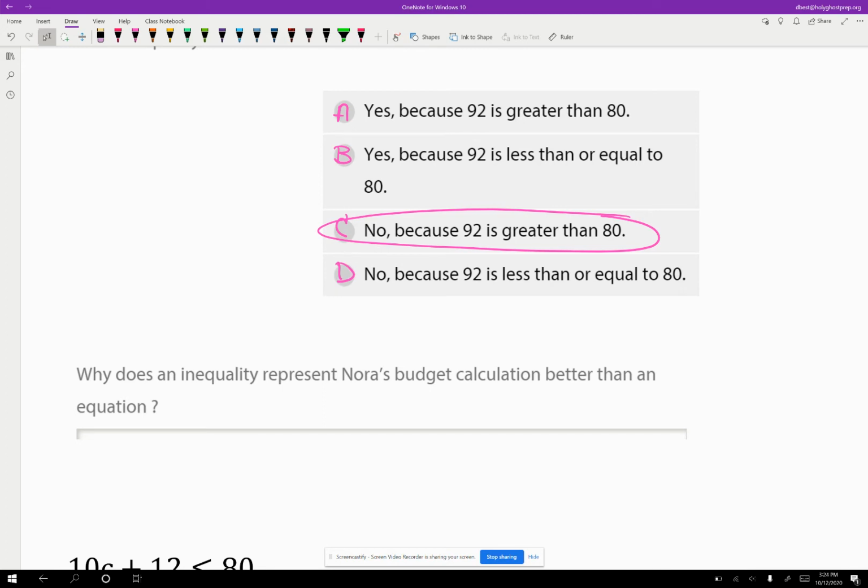An inequality would be better here because, as we saw, there's different prices for party favors, and she might not get it exactly equal to 80, but as long as she's spending less than that, she's still okay. If she finds a good sale, right, and she can spend just $50, that would be fine. We don't need to spend all $80. So that's why we want an inequality, because we have options.